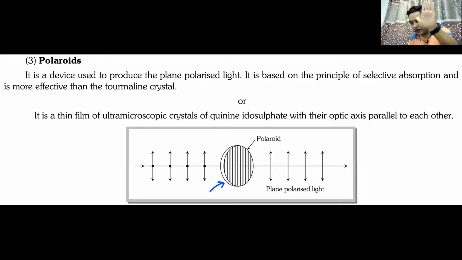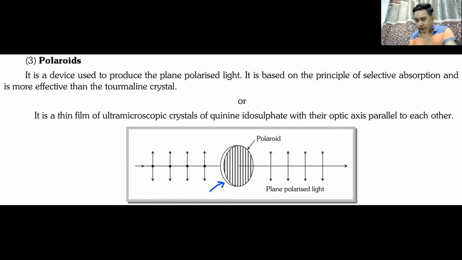If you allow light to pass through this cardboard, only light parallel to this slit that I have cut will pass through. Do we understand this? Yes, sir.